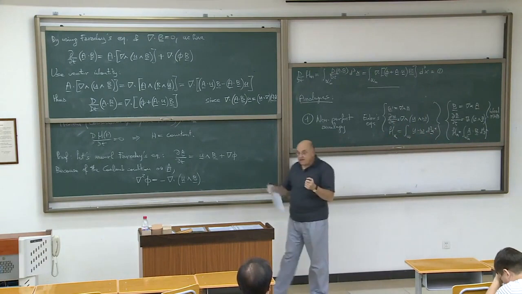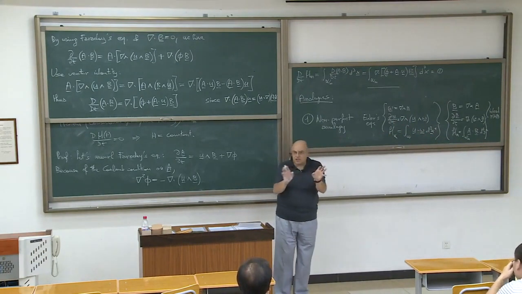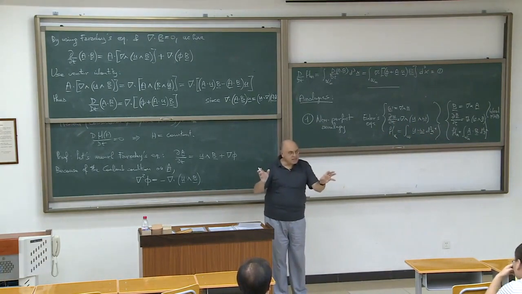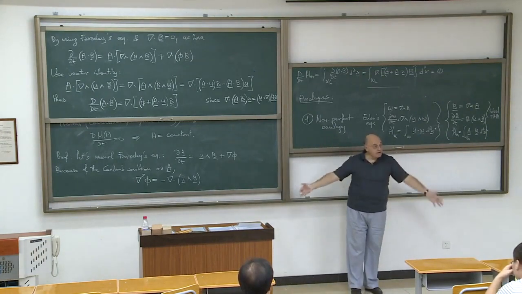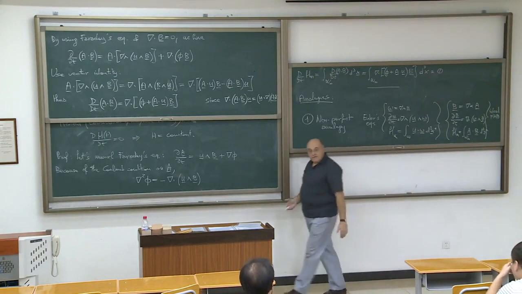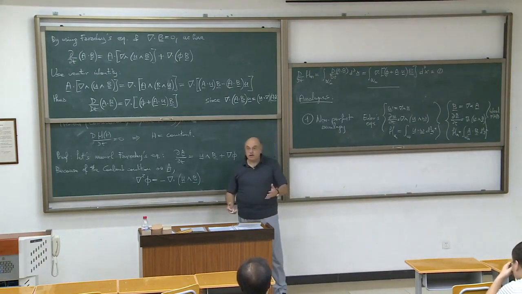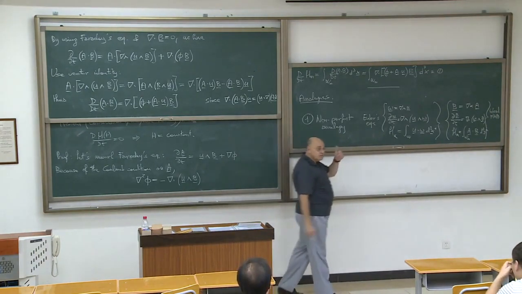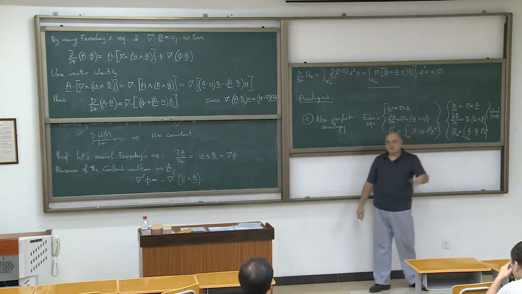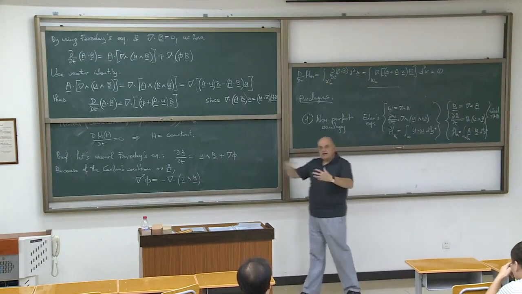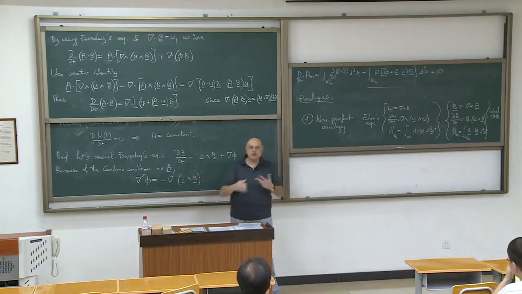But this velocity field, you remember the decomposition of the fields? The velocity field induced by omega is part of the field of motion, because the field of motion is made of three contributions: translation, deformation, so to speak, and rotation.